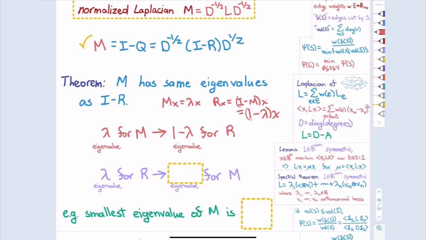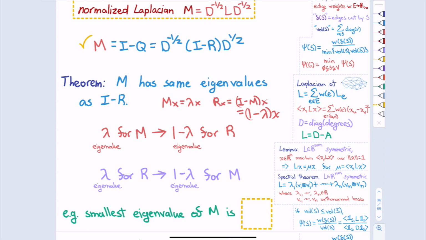Vice versa, if you have an eigenvalue lambda for r, what eigenvalue does that give you for m? It's also 1 minus lambda? It doesn't matter what I wrote. Well, let's just hope everyone's right.